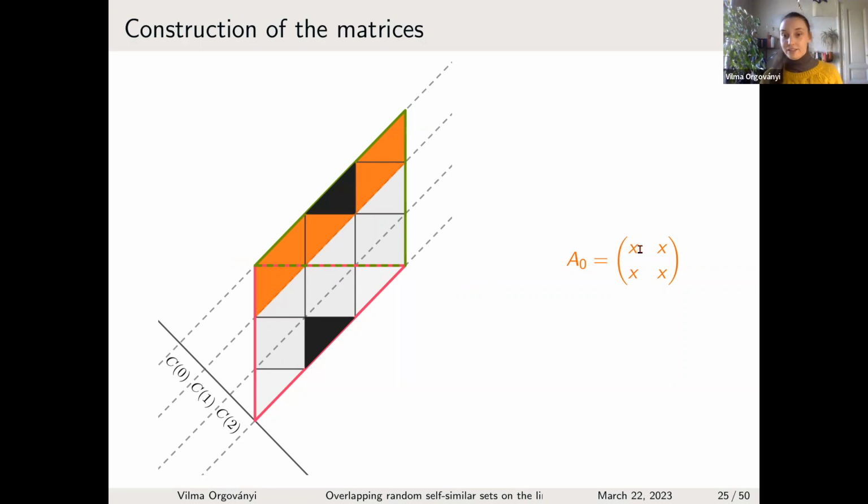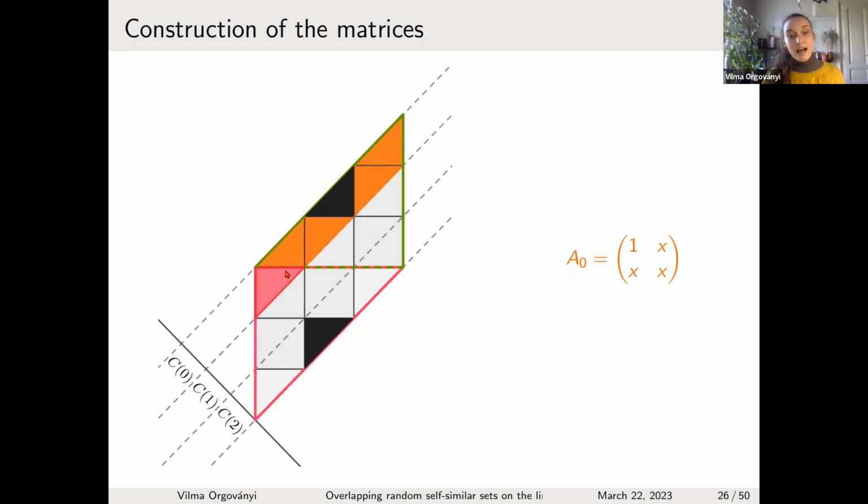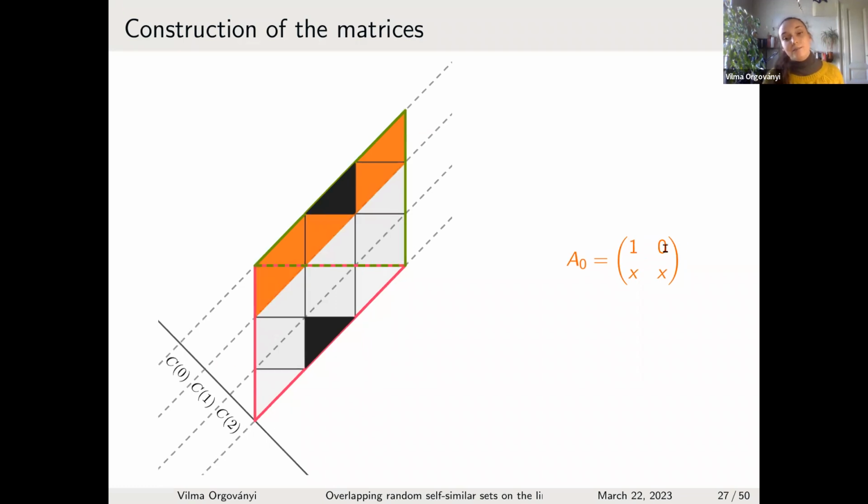Namely, the first element of the first row will tell us how many small pink triangles we have in the big pink triangle. This is 1, so the first element will be 1, and the second will be 0, since we do not have any small green triangle in the big pink triangle.